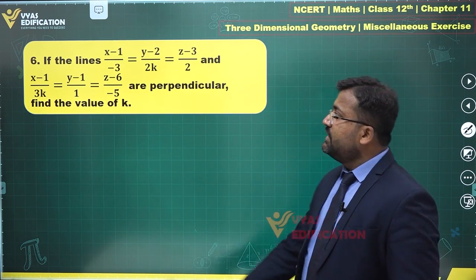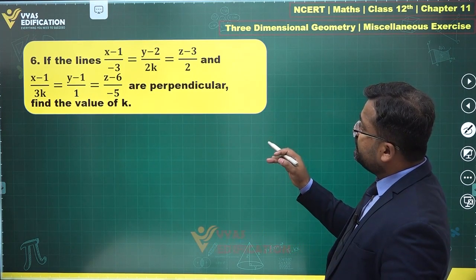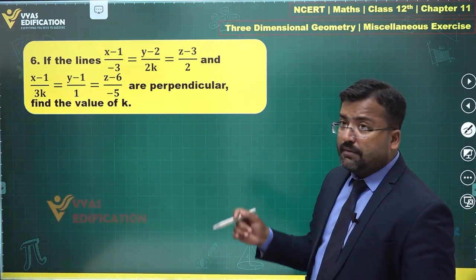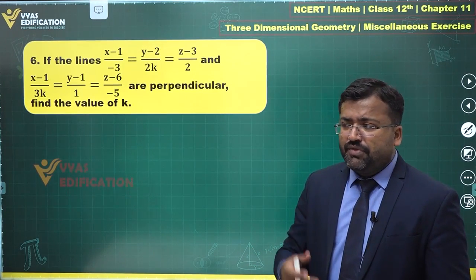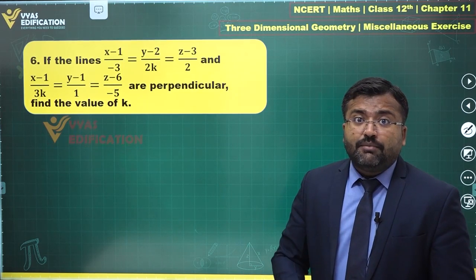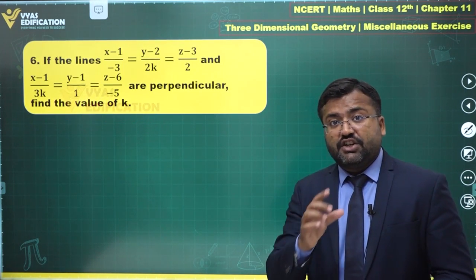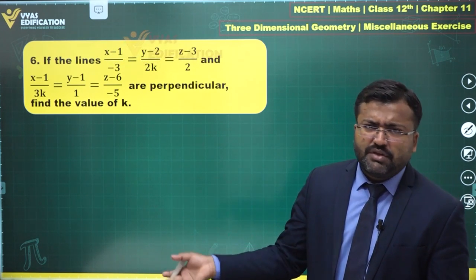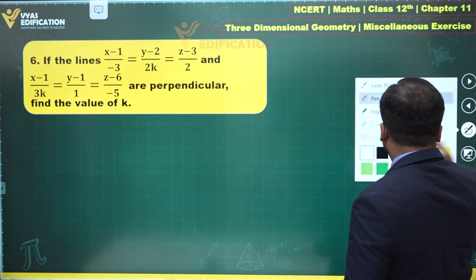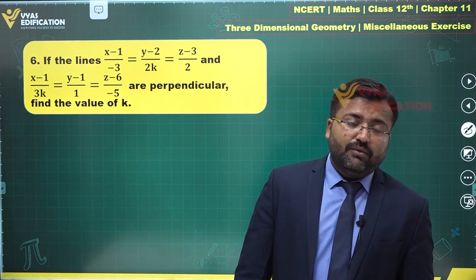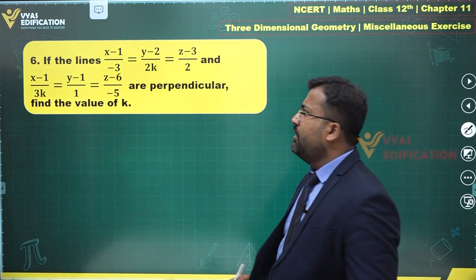Question number 6 says, if the lines this and this are perpendicular, find the value of k. If the lines are perpendicular, for checking this, or if given they are perpendicular, we'll simply focus on the direction ratios and the sum of products a1 a2 plus b1 b2 plus c1 c2, it should be 0, right? But the first and foremost important thing is the line should be in standard form to note the direction ratios from the denominator.